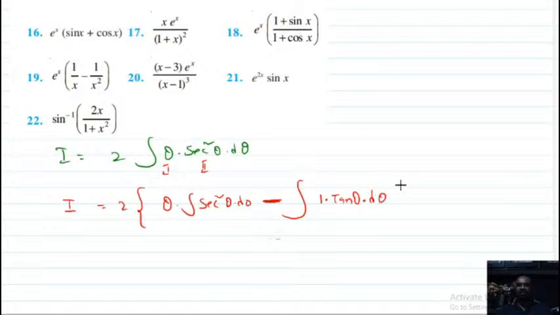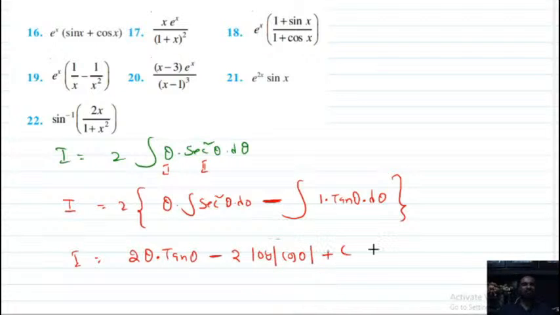I wrote the direct step here now. I is equal to 2 theta into tan theta minus 2 into logarithm of cos theta plus c. But here I took x as tan theta, and my answer should be in terms of x.